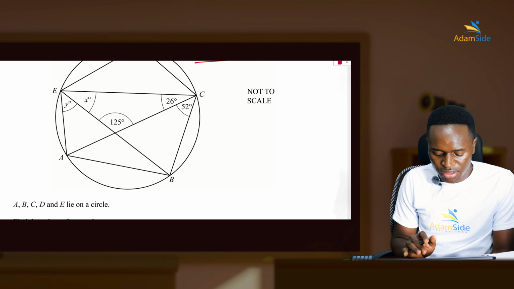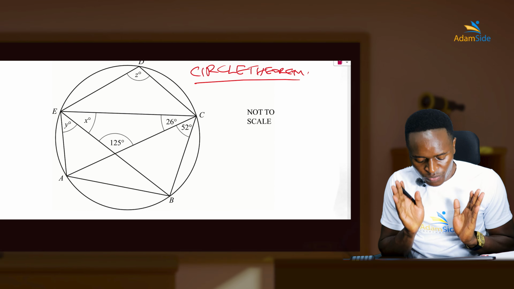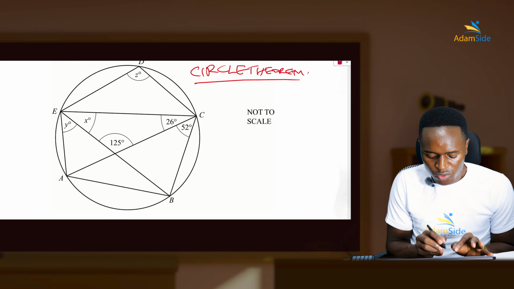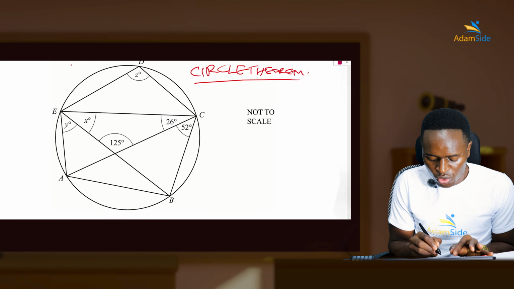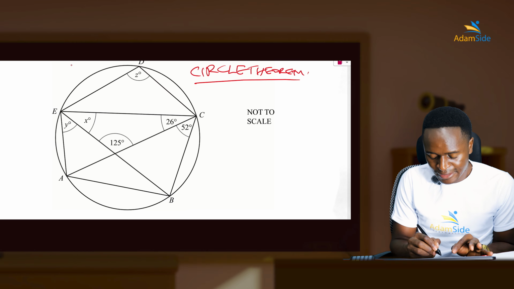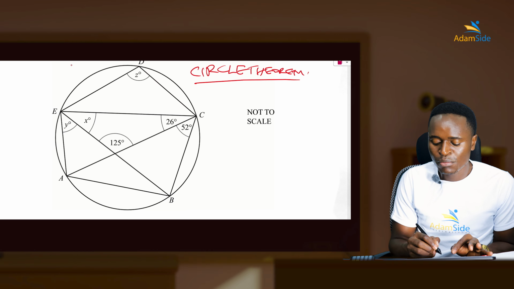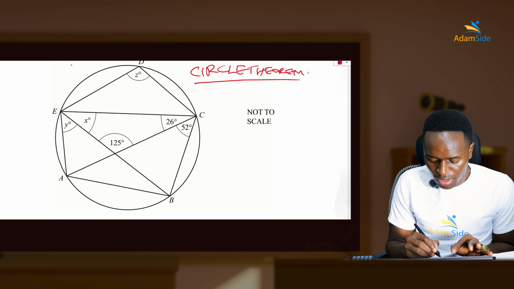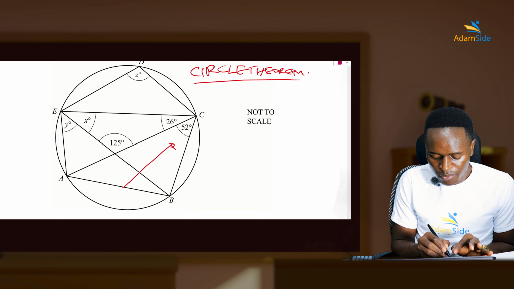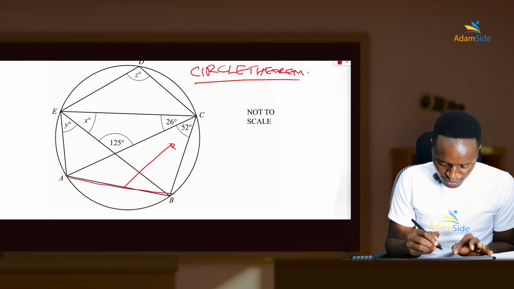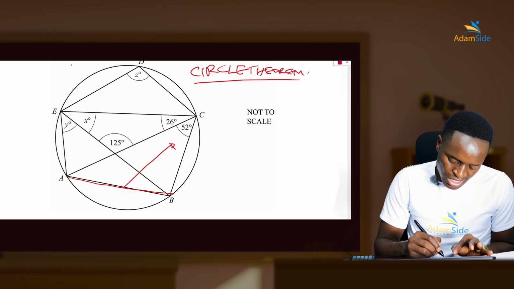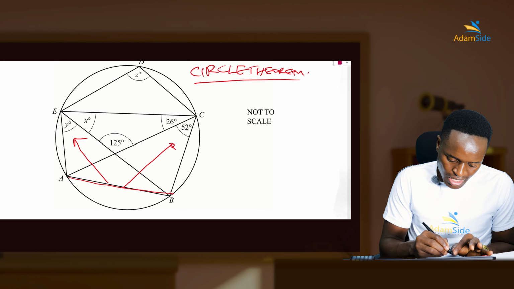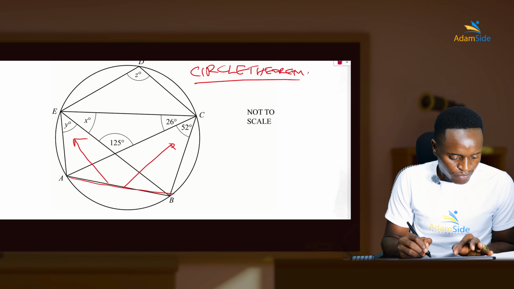So let's go, and here we have just to know what we are given. So we have AB, which is a chord. We say angles subtended by the same chord at the circumference are the same. So chord AB subtends angle ACB, and the same chord AB subtends angle AEB.